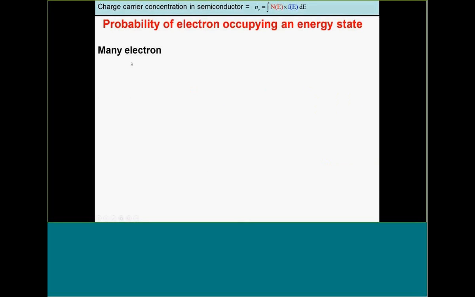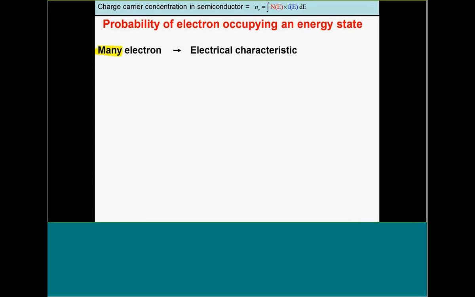We know that for the charge carriers in the semiconductor, there are many electrons. So basically, the electrical characteristic of our semiconductor comes from many electrons. So in this case, many. What does many imply to you?